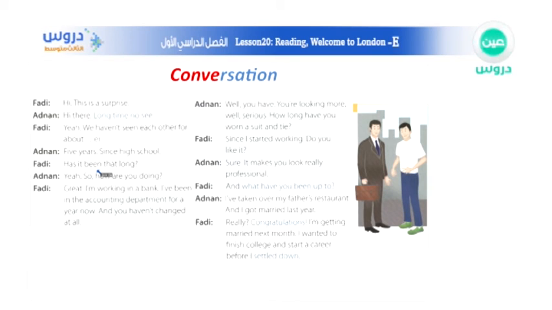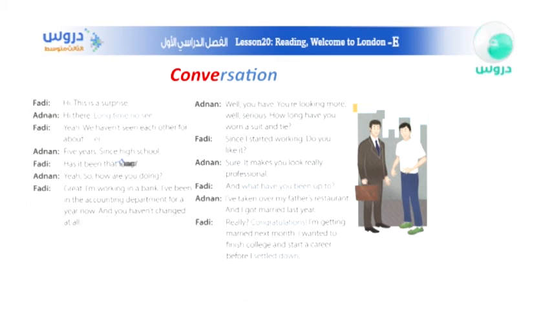When we say, for example, I haven't seen Ahmed for 5 years, when we have a number of days or years, weeks, whatever, we use for, and we use since with years.